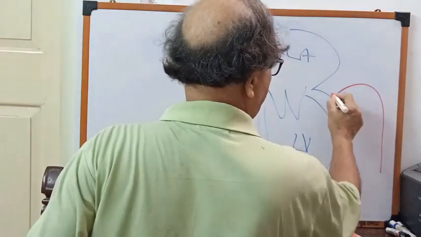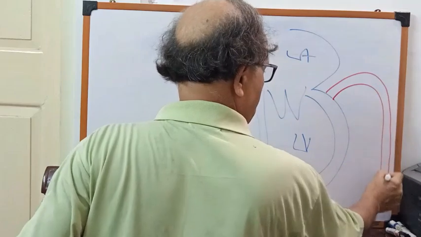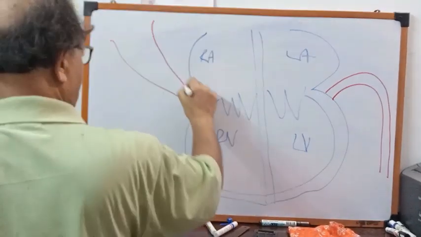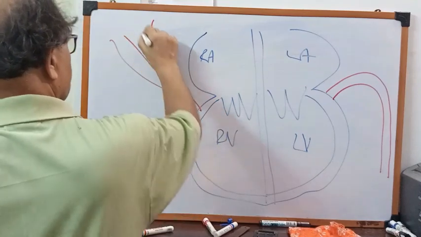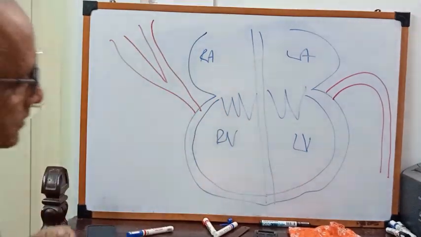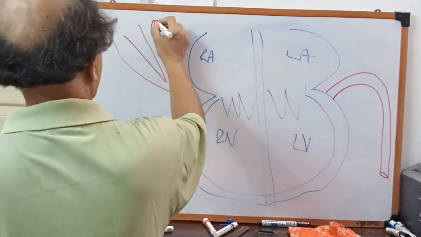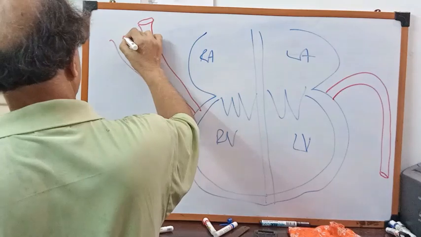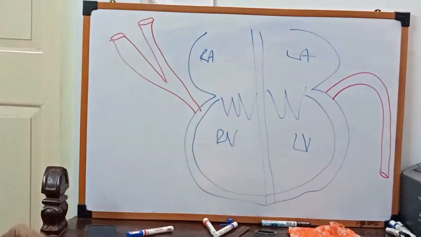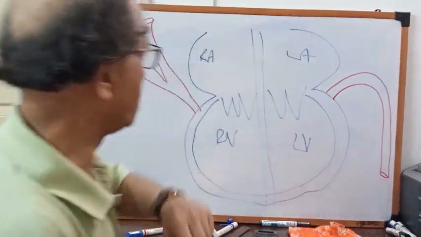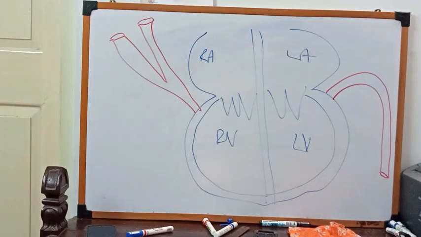This is aorta, arch of the aorta and descending aorta, and this is the pulmonary trunk. Pulmonary trunk is originating from right ventricle and aorta is originating from the left ventricle.